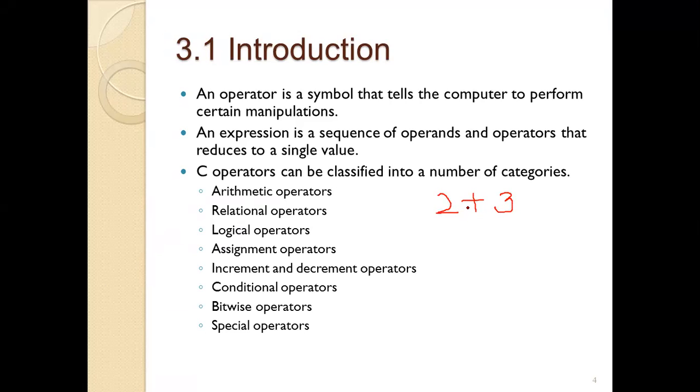We are going to perform the operation, that is plus. So this is called the operator and these two are called operands on which this operator works. So plus is the operator which works on the operands 2, 3.